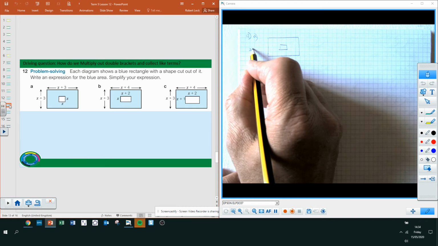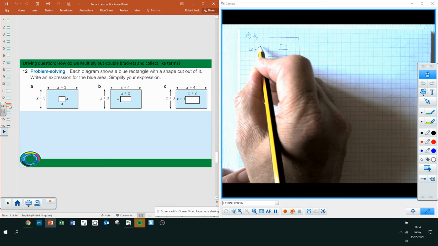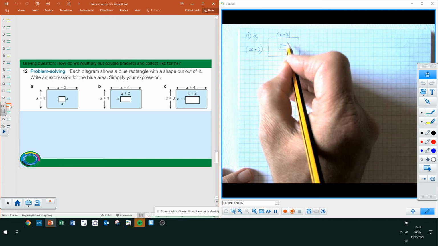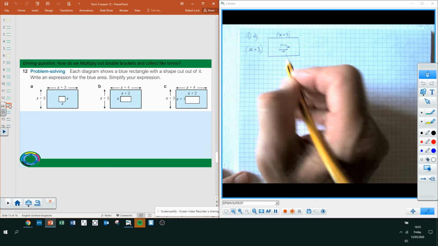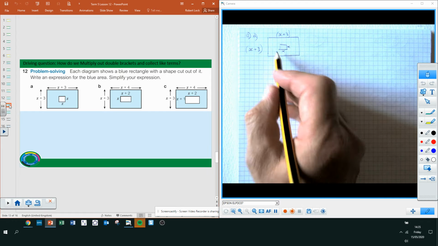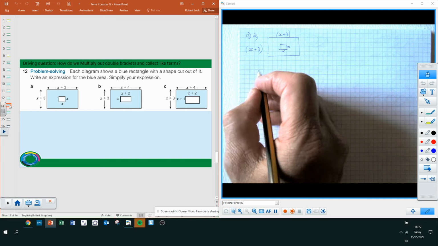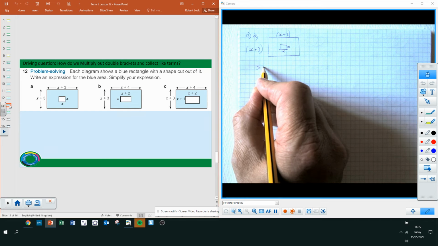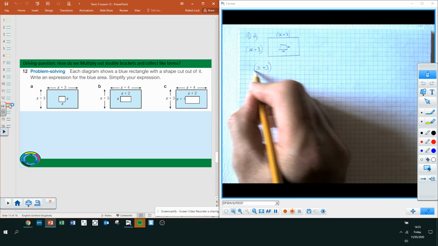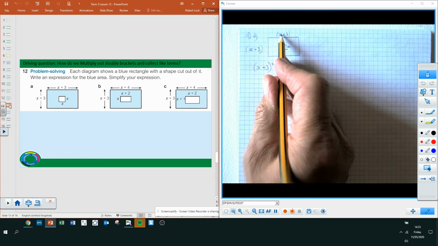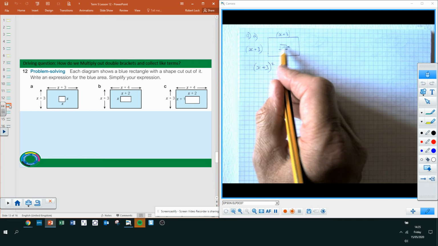So this is x plus 3, x plus 3. This is x and this is x. Okay, so the blue area is here. If it's this whole thing, it'd be x plus 3 squared, because there's two of them, that times that. And then we have this here.